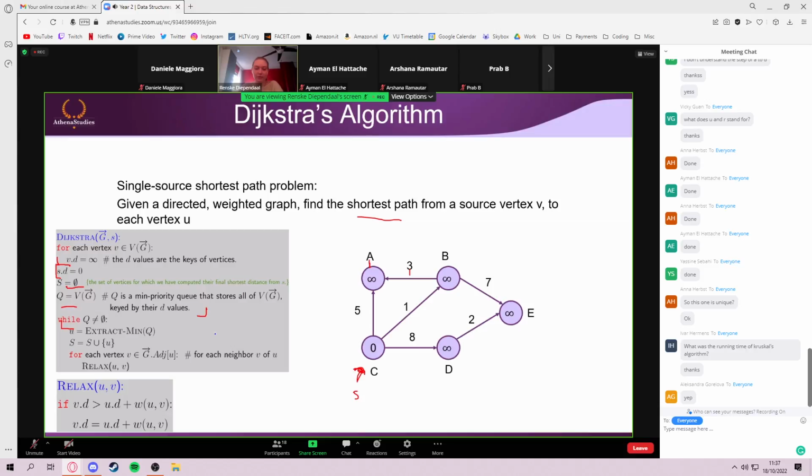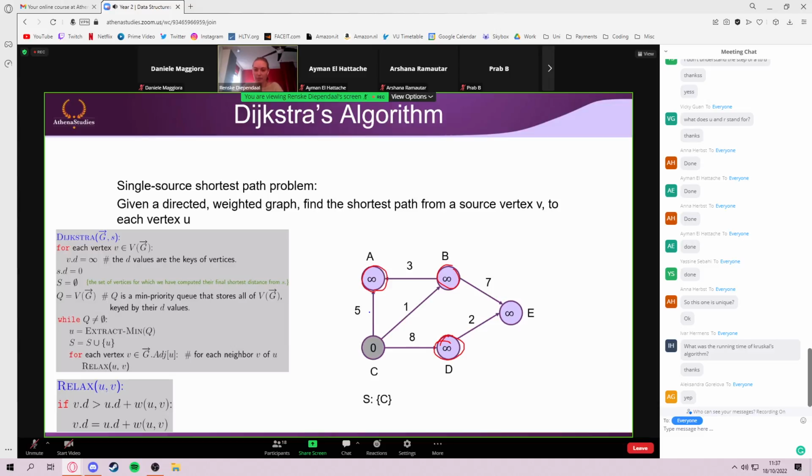We're going to extract the minimum, and then for each neighboring vertex, we relax the values. Pretty much what relax does is, we start from this node, and then we look at all the neighboring nodes. So now we look at this node, and this node. What we want to do is see if we can decrease the value that we have in here, if we can make it smaller.